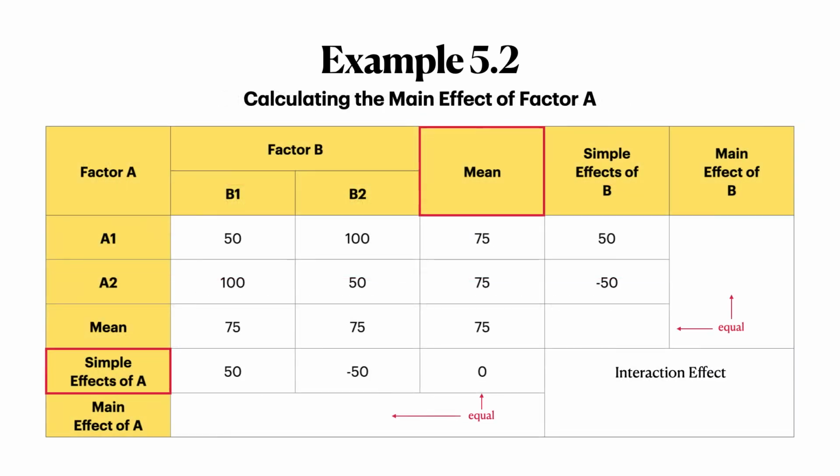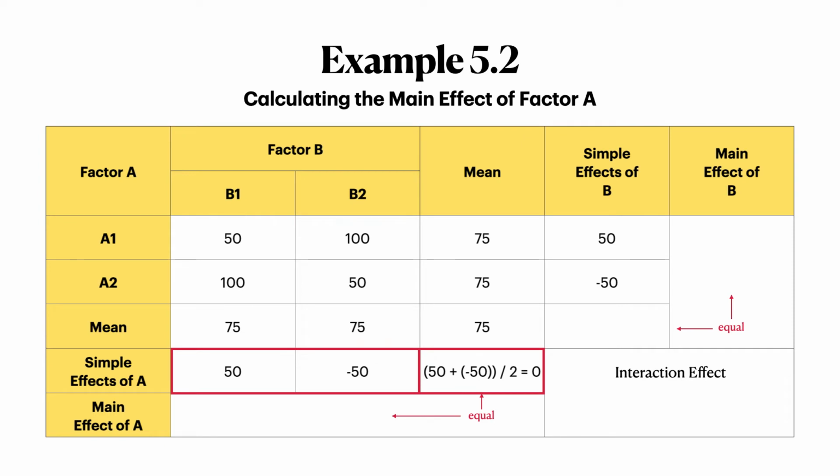All right, and so in the context of the table, we can demonstrate this calculation by calculating the arithmetic average of the simple effects of A. And so we're going to calculate the arithmetic average of 50 and negative 50. And again, that gives us 0.